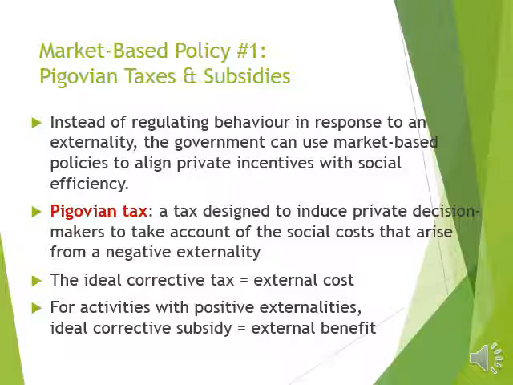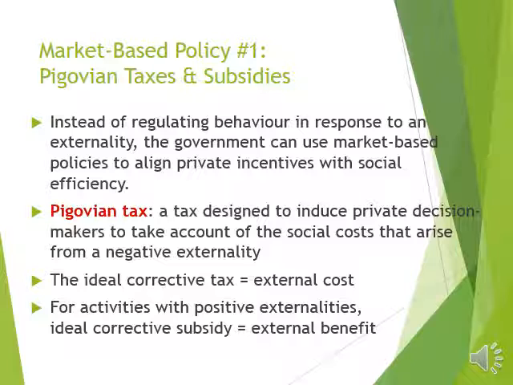Now, a Pigovian tax basically increases the cost to produce a good, and so it basically pushes the supply curve up towards where the marginal social cost and marginal social benefit would intersect. I'll show this to you in a graph later. Likewise, in the other direction, if it's a positive externality, if it's an external benefit, you would offer a subsidy.